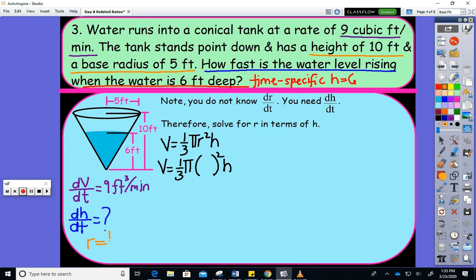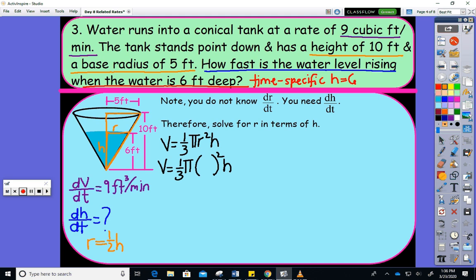Well, that means the radius is always half the height. So, for instance, if I drew on this picture, then I would have a radius of that triangle and a height of that triangle. And that radius and height will always be similar to the radius and height of a full tank's triangle, so to speak.